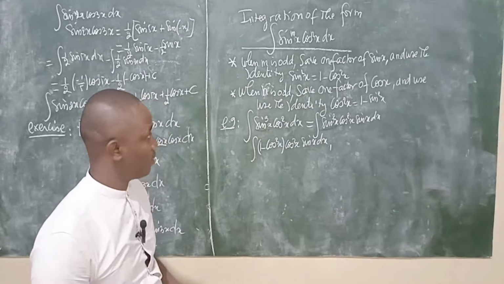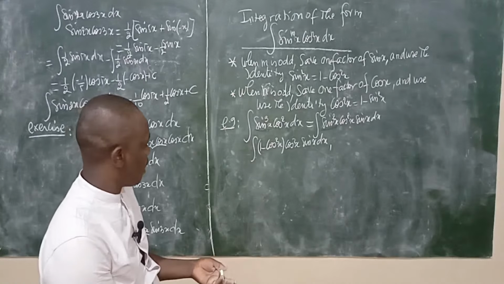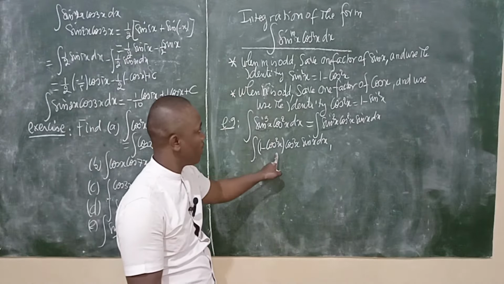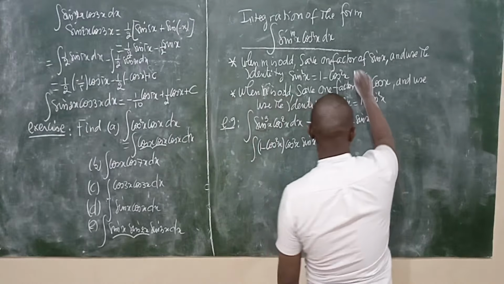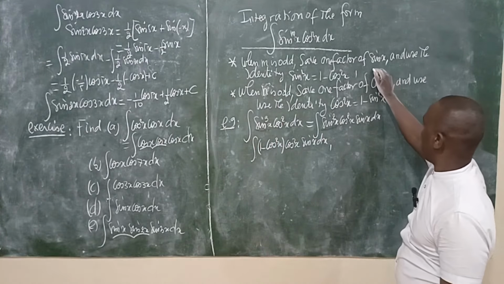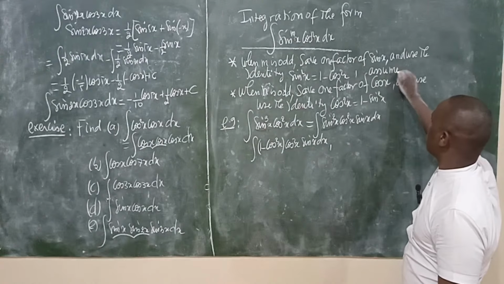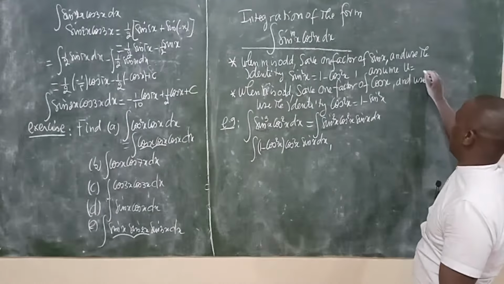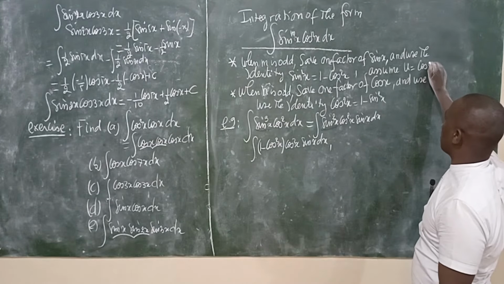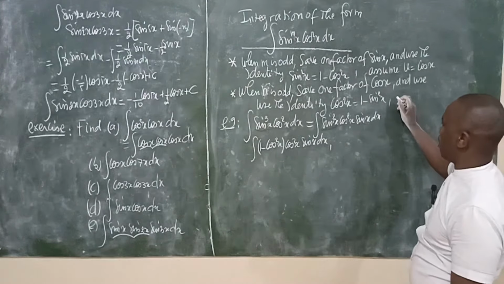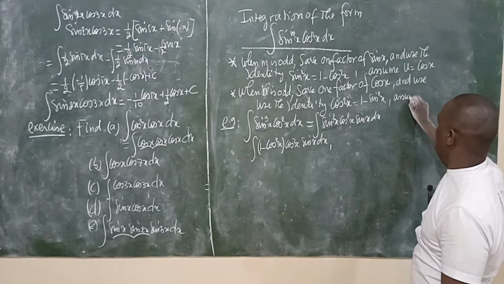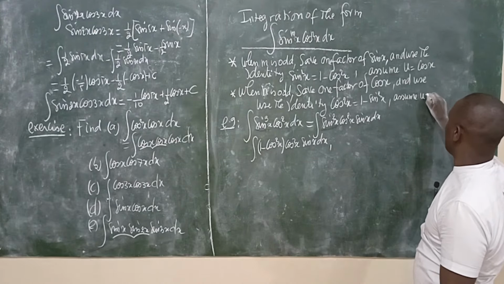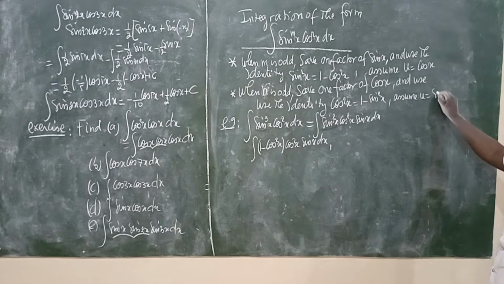Okay, now the next thing is to assume u to be cosine x.